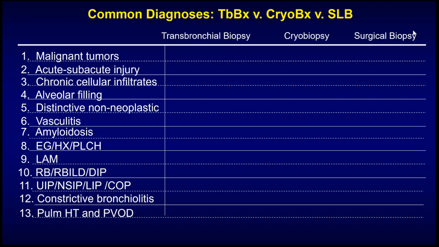And if we look at the transbronchial, we see that a number of diseases can be diagnosed readily with the transbronchial biopsy. Some diseases are diagnosable on occasion if the transbronchial biopsy has been lucky enough to pick up on a patchy process in the lung.